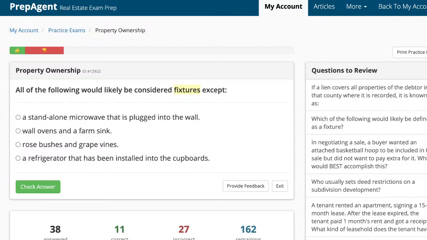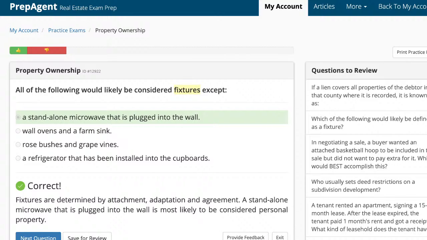Had your real estate agent said, what's a deed? And they're like, I don't know, it's not in my real estate exam, but who cares? You'd be like, what? And the answer is A, standalone microwave. It's standalone, therefore it's not incorporated into the land, and it doesn't follow the Maria test.